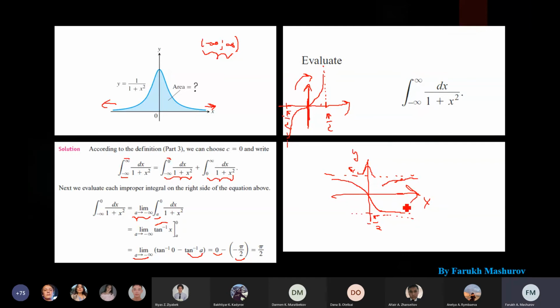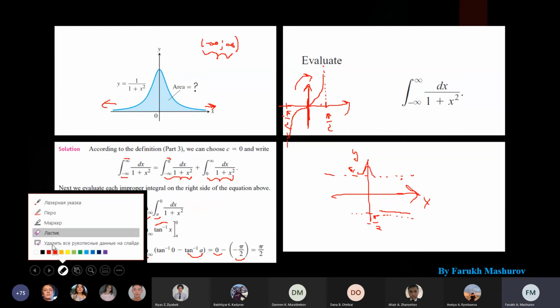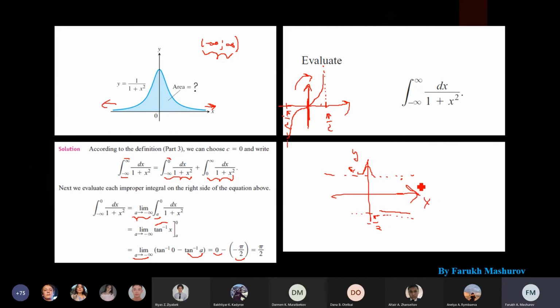No. I need to change it. One minute, guys. Here I need to write this one. The graph of my function will be like this. So here I have an asymptote. This graph is the graph of the function arctangent x. This one is our tangent x, and this one is our arctangent x.